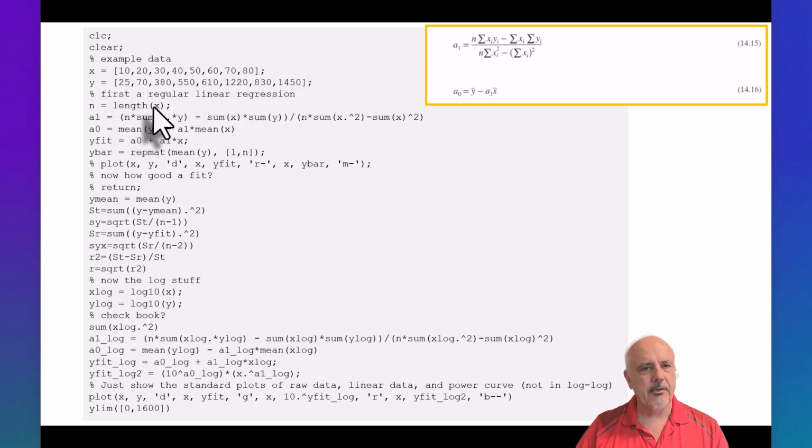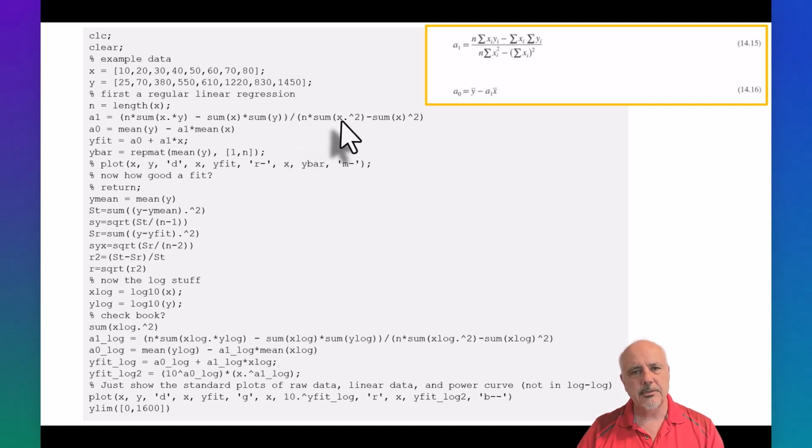The length of x gives me the number of data points. This dot star is something you want to pay attention to: it's an element-wise multiply. I do a sum of that, which takes care of the first term. Then I subtract off the sum of x times the sum of y, the second term in the numerator.